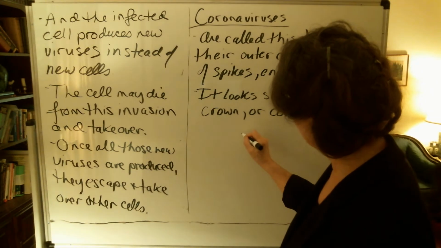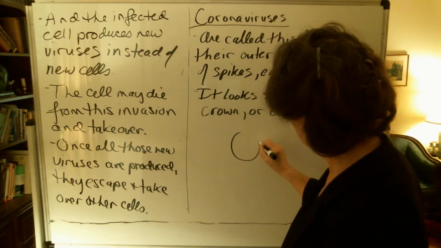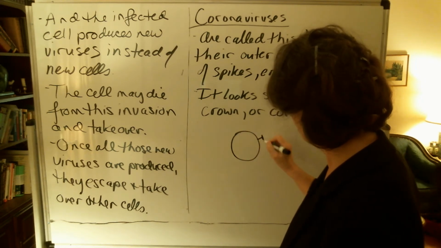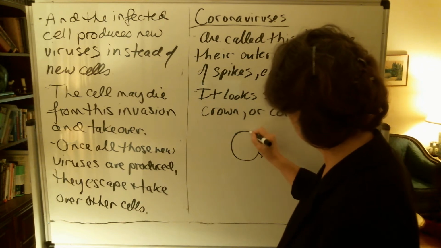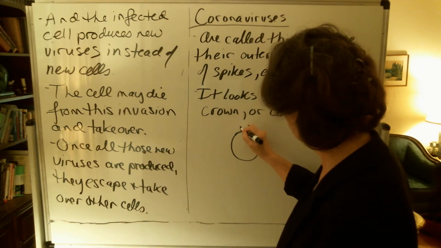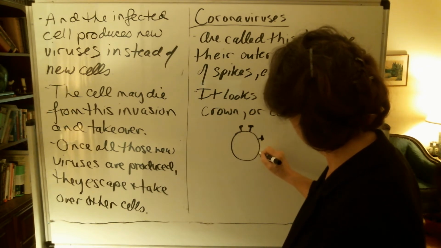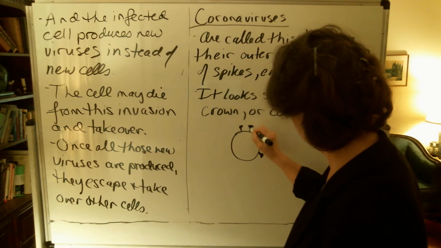And so by now you're pretty used to what a coronavirus looks like. So you have the spikes ending in the blobs.